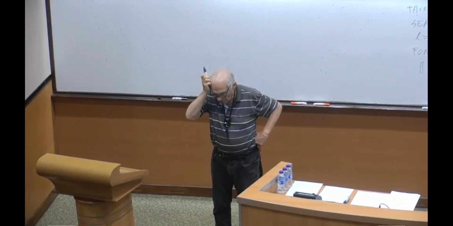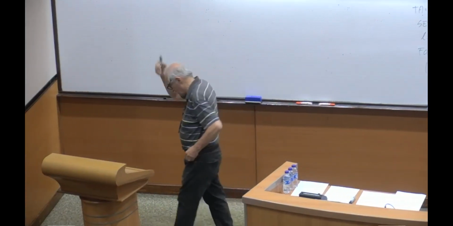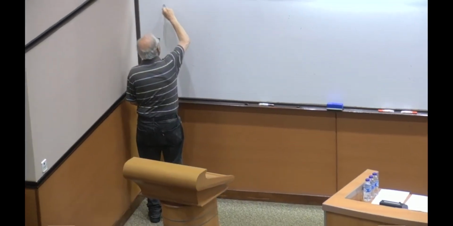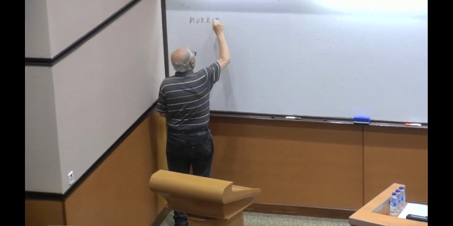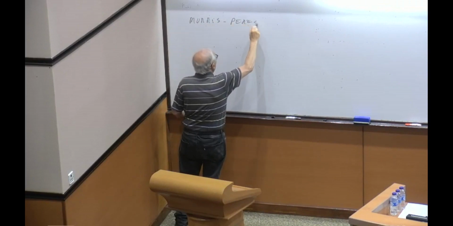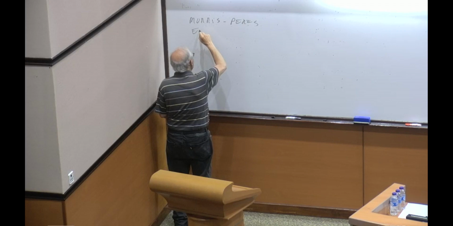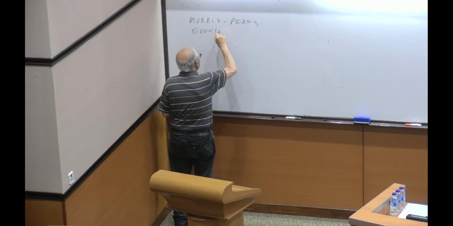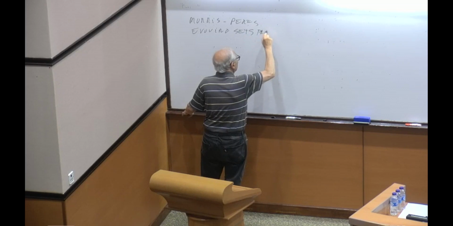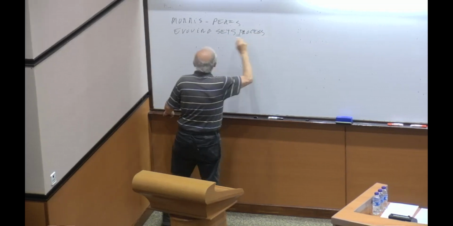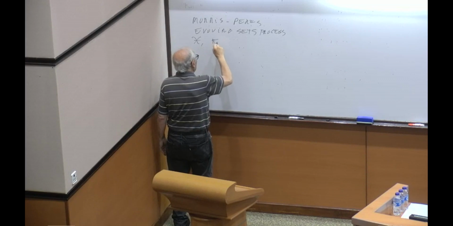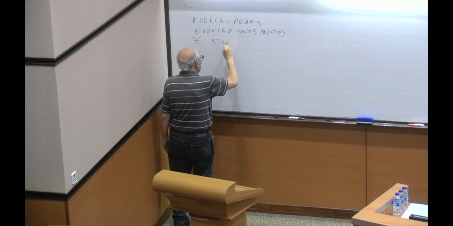But one of the starts is this thing that's called the evolving sets process, by Ben Morris and Peres. We're on, say, a finite state space with a Markov chain K(x,y).